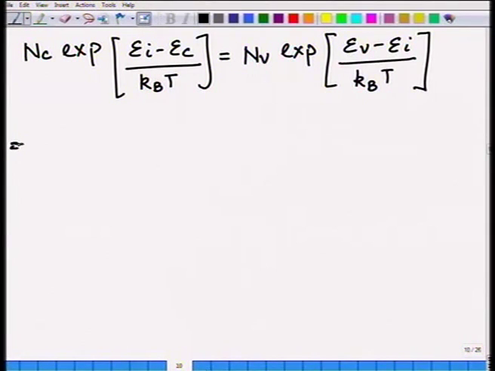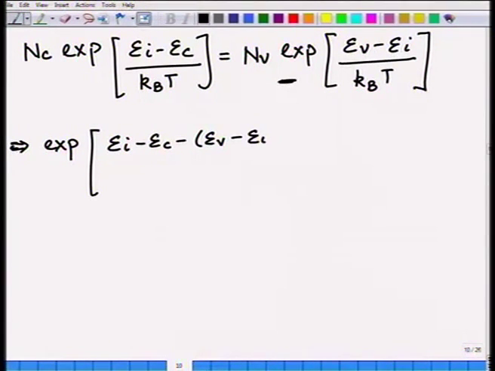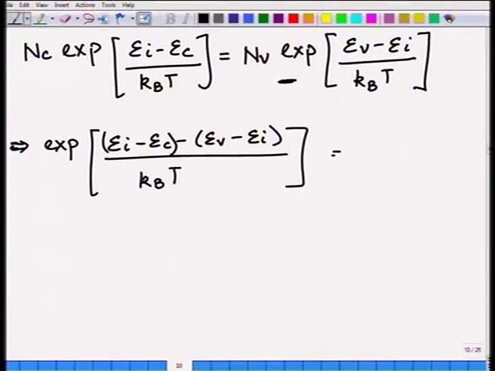We take the exponential on the left hand side, so I will write e to the power ((EI minus EC) minus (EV minus EI)) divided by kBT, equal to NV by NC, and now let us take the log of it on both sides.